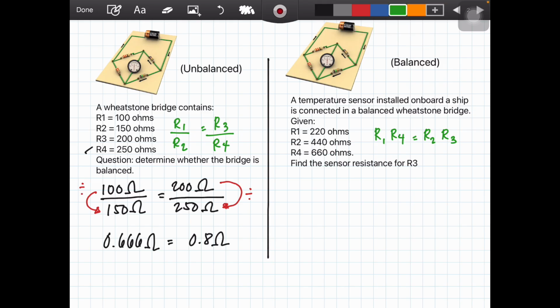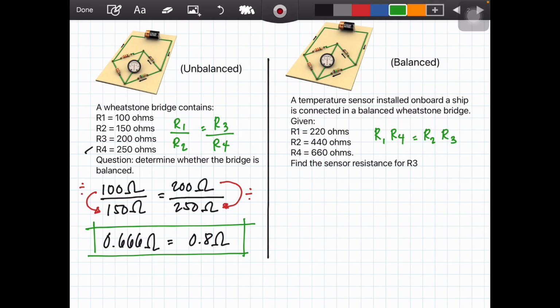Why? Because the first group of R1 and R2 resistors shows 0.67, and the other group of resistors in the circuit, R3 and R4, shows 0.8. There's a significant difference, right? So it is unbalanced for that particular circuit.